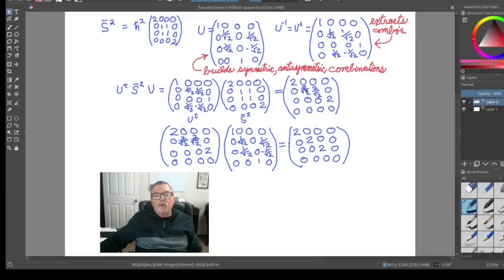So I've got 2 over square root of 2. And row 2, column 3, that gives me 2 over square root of 2. If you can follow along and do this, you're going to be great at linear algebra.